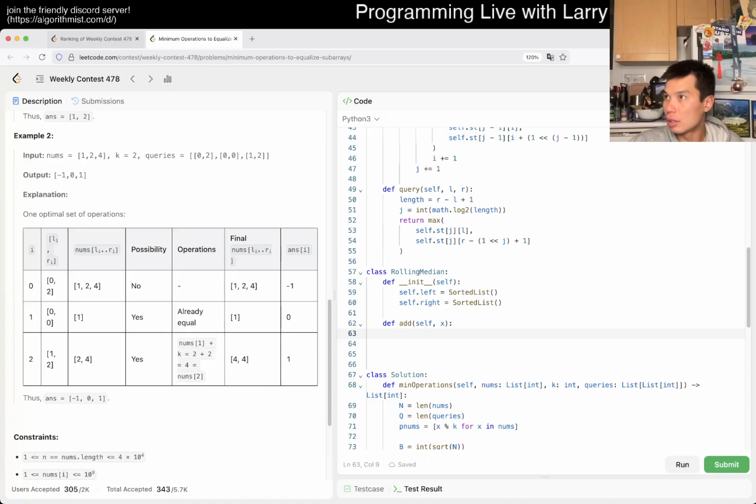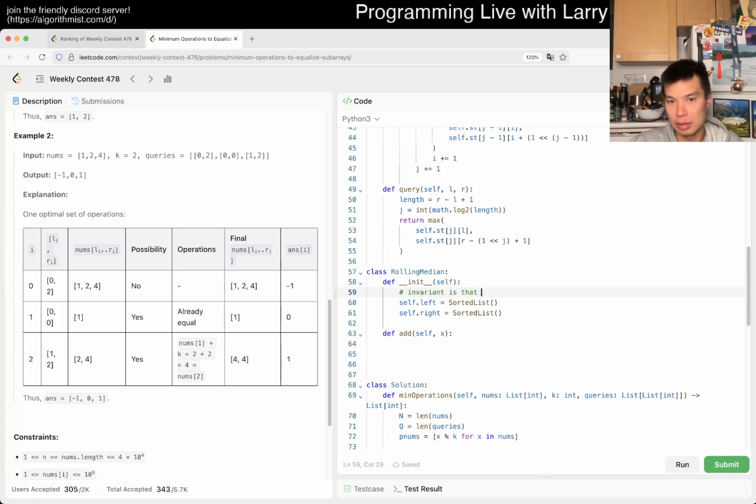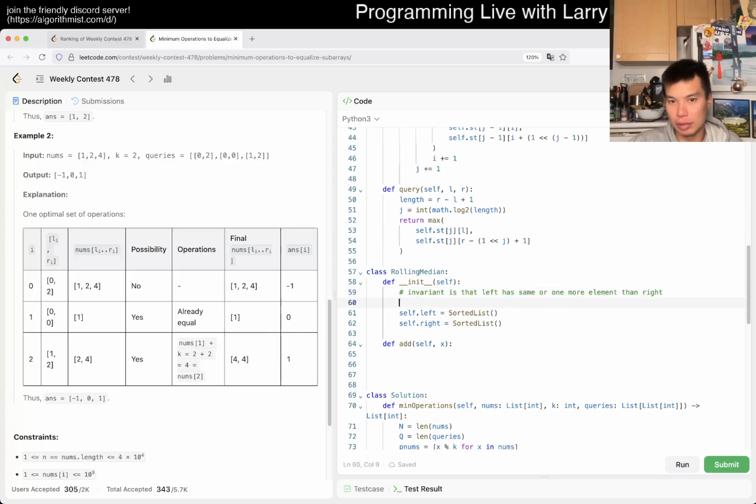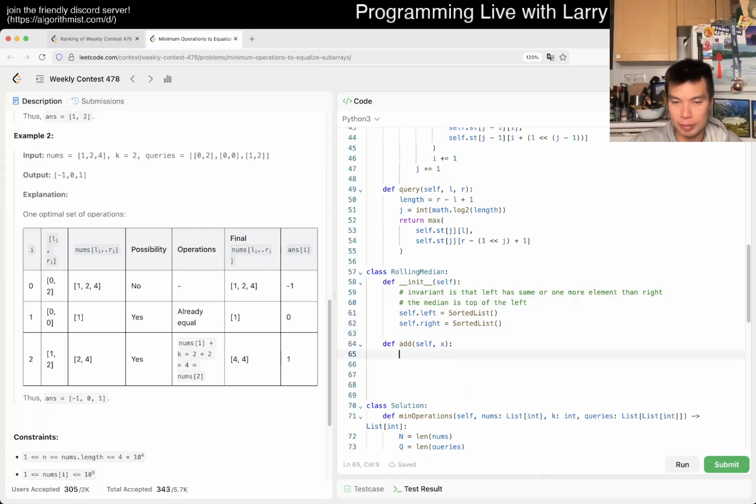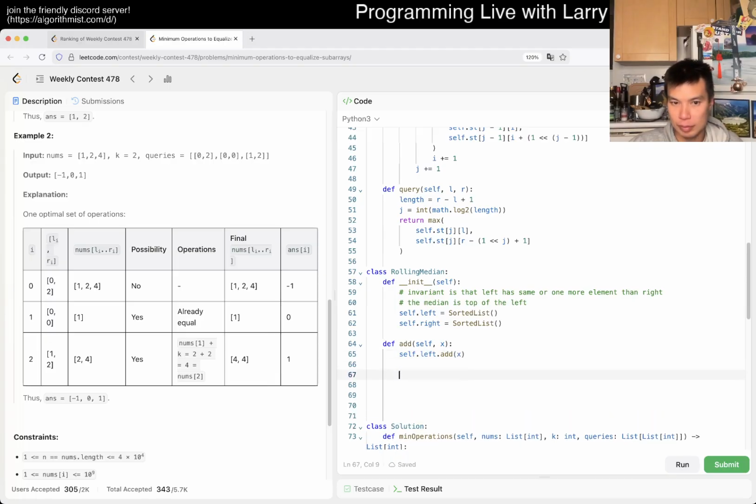Let's say, okay, the invariant is that... no, I mean, we can do this, but the idea is still trying to... No, I mean, I guess that's fine.